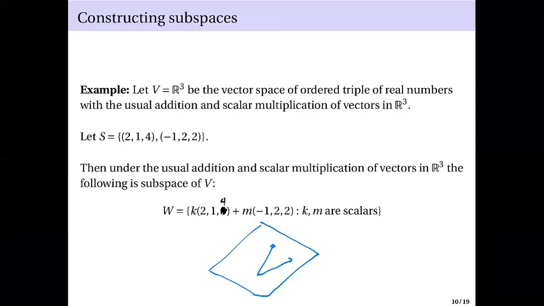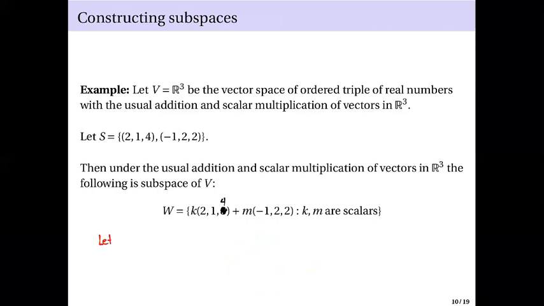And we can prove this, that it is a subspace. So how? Again, we just need to show the two conditions.